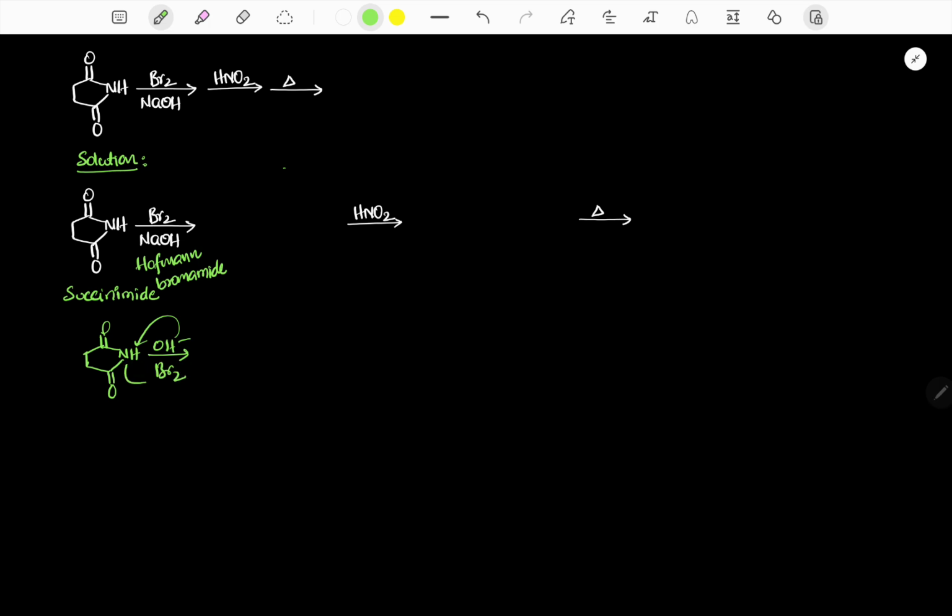N minus will form. N minus reacts with Br2 and forms the corresponding N-bromosuccinimide. Now it reacts with OH minus, nucleophile attacks, the leaving group leaves, and it converts into a carboxylic acid and CO-N minus Br.